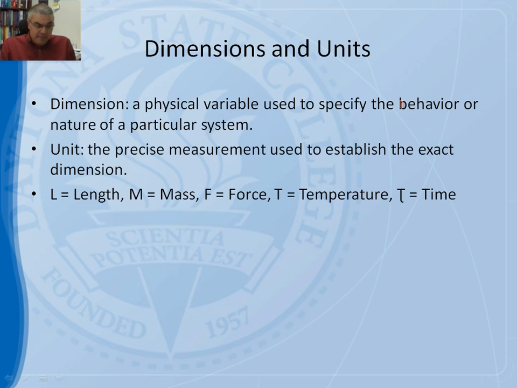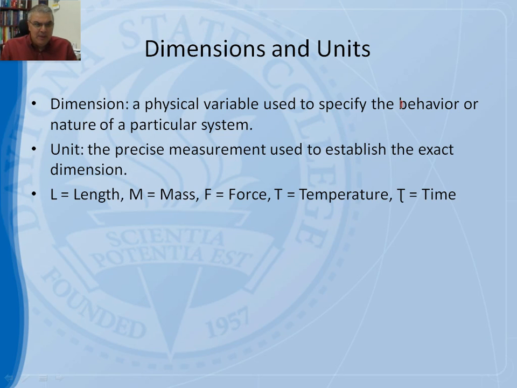So it is very important to understand the difference between dimensions and units. I've seen people make that mistake too often, getting confused between dimensions and units. They're different. A dimension is a physical variable used to specify a behavior of a particular system, or to provide an important aspect of a system.